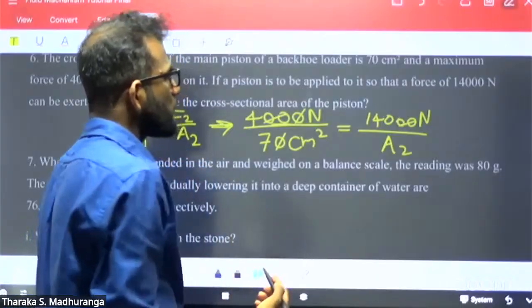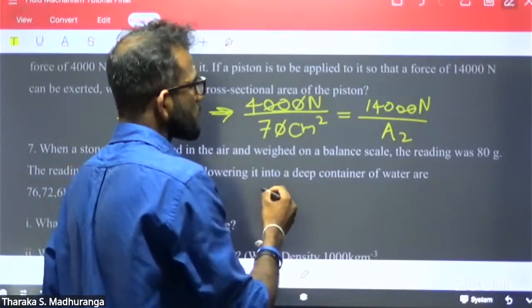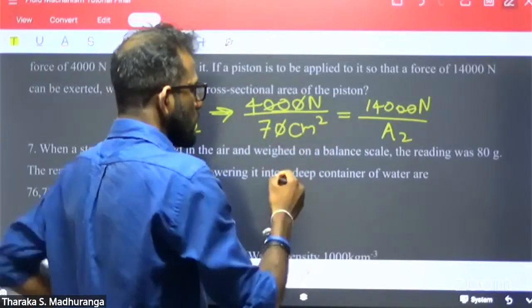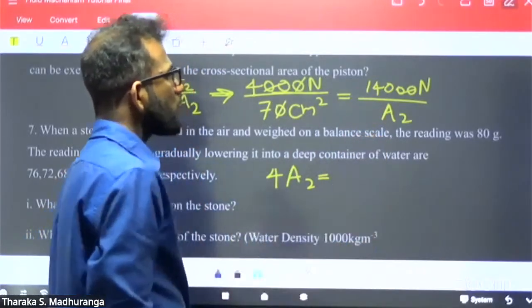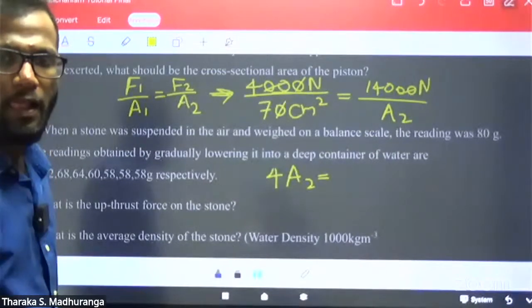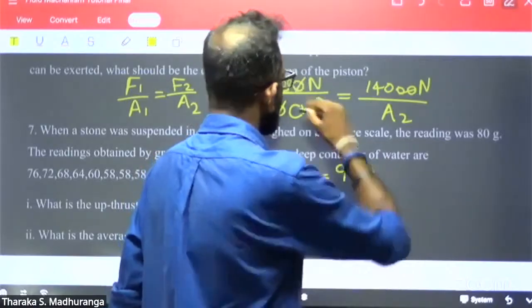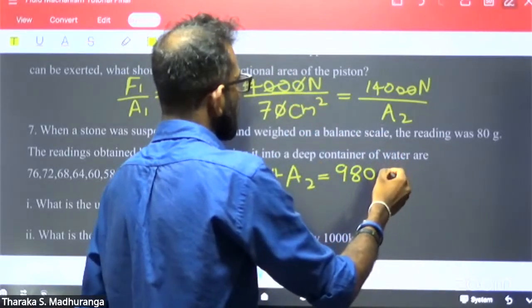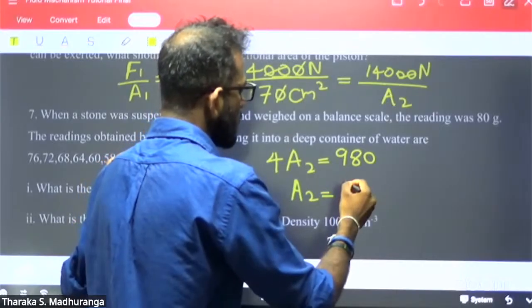Now 140 into 4 over 7, this is A2. So 4 A2 equals 140 into 7, over 4. 980 over 4.